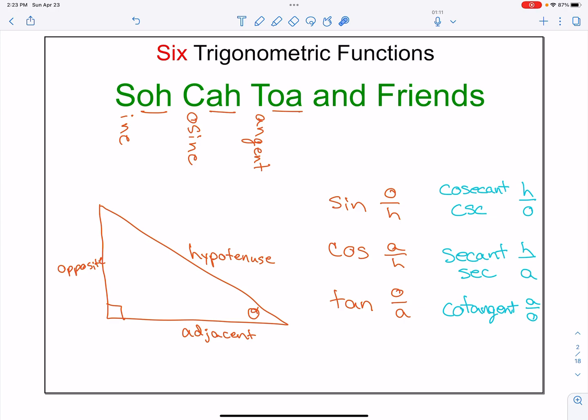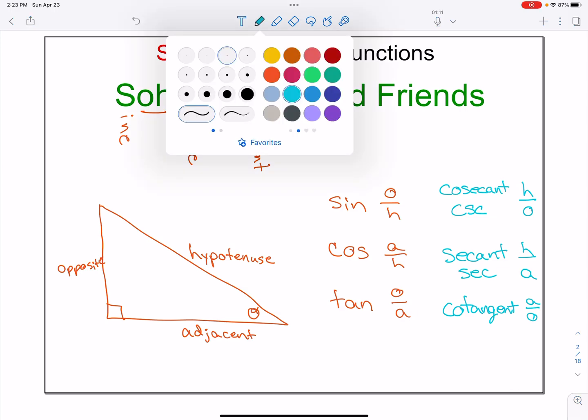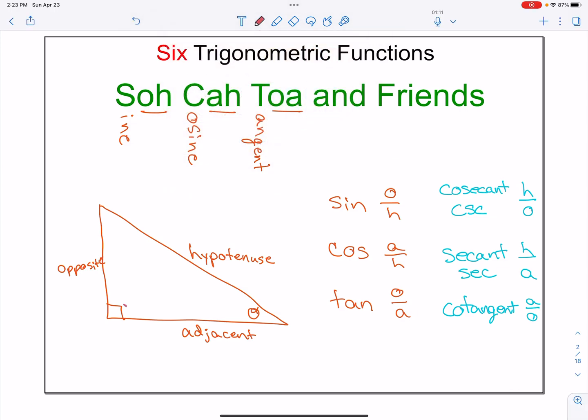This all has to do with a right triangle, which is what we have over here. So in the right triangle, across from the right angle is always going to be the hypotenuse. Here is our theta. This is the circle with a little curly line on it. And it doesn't matter where the theta is, whatever is across from it is called the opposite. Whatever is next to it is the adjacent.